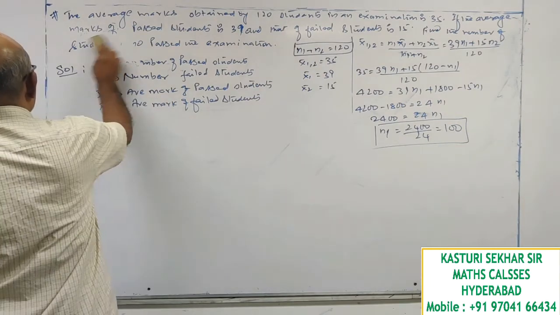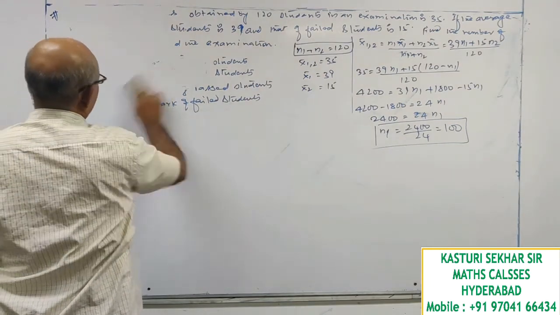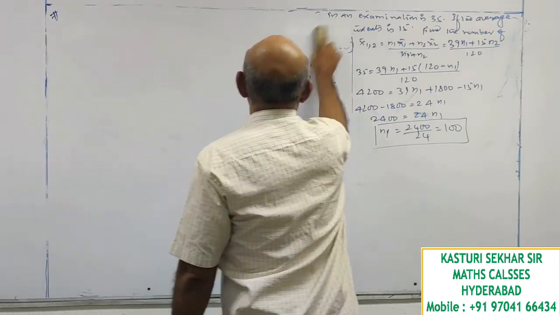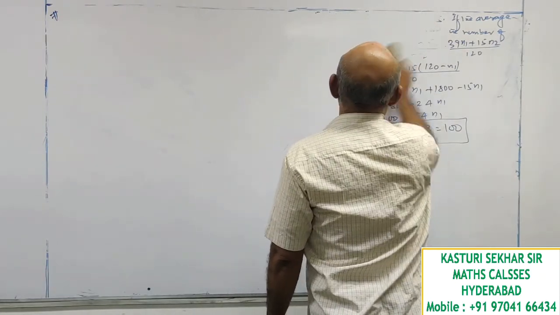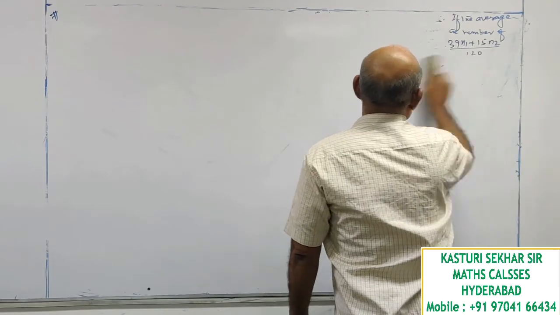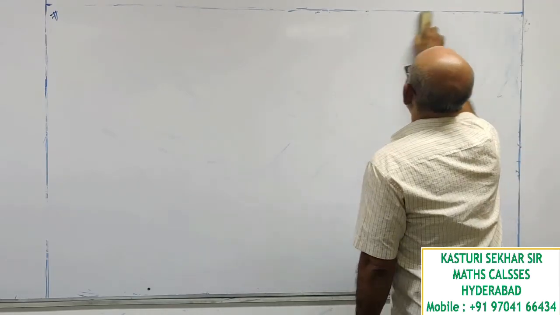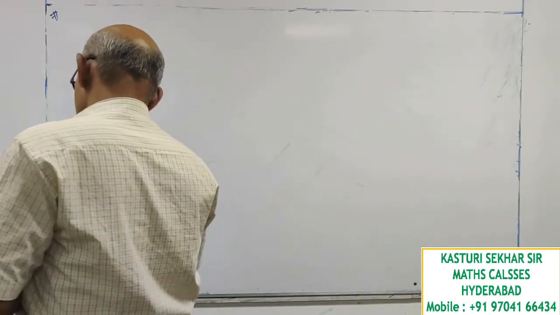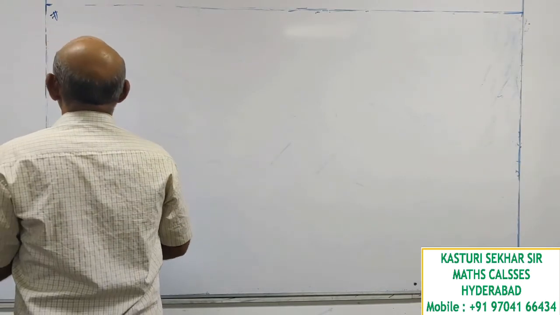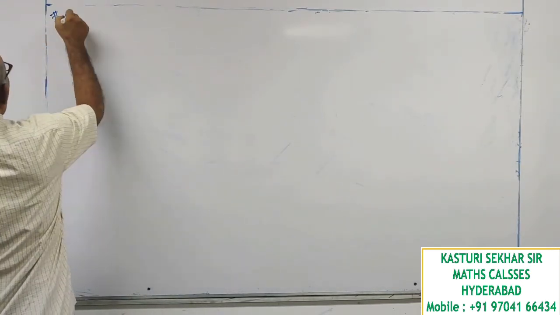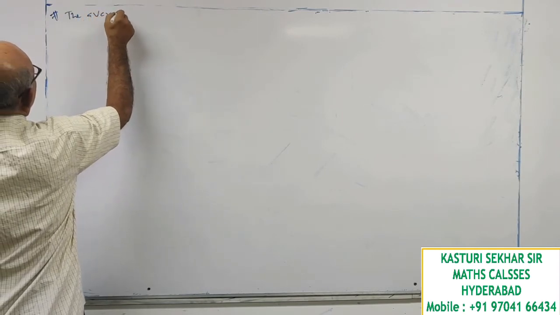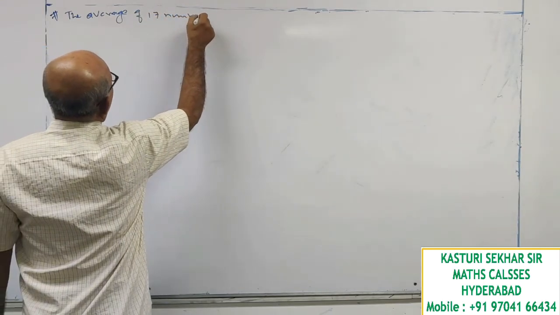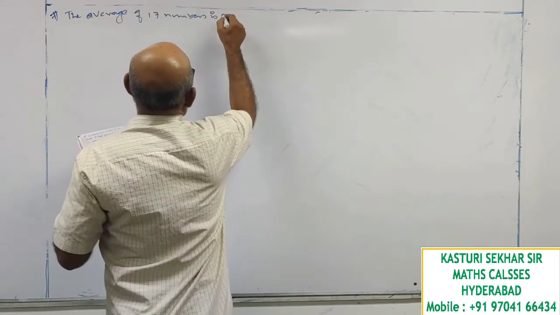Okay, let's see the next question. The average of seventeen numbers is 45.